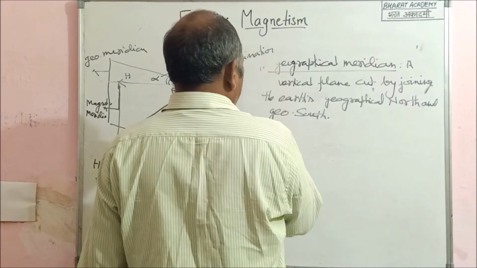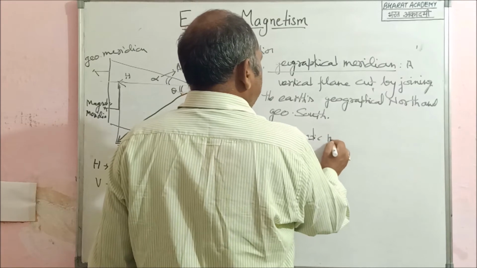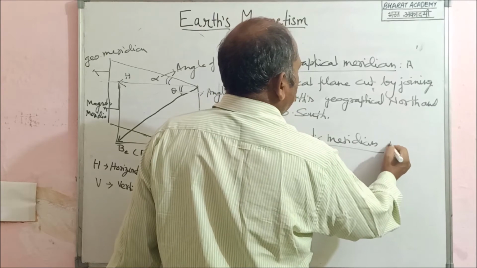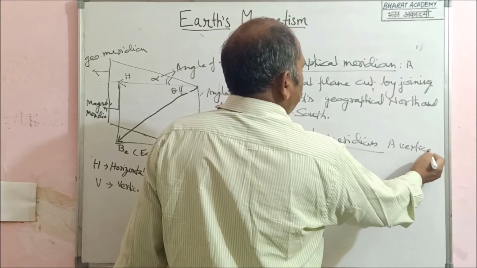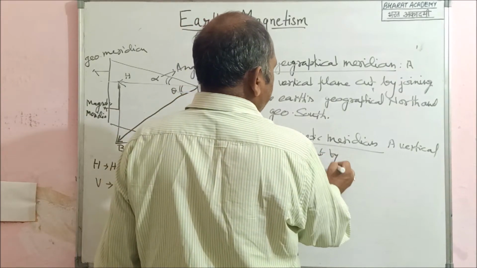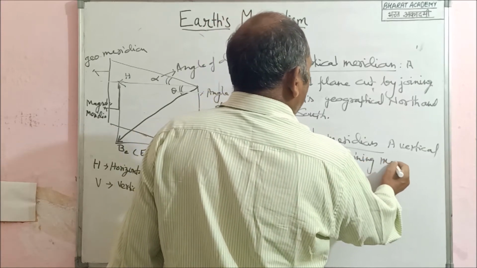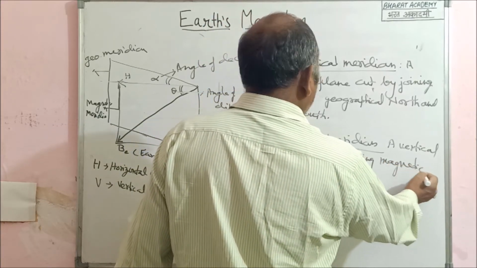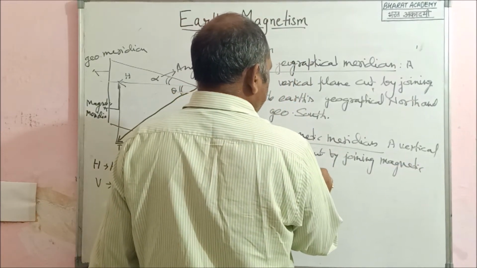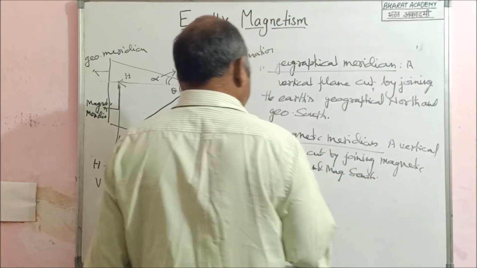The second one is the magnetic meridian: again, a vertical plane cut by joining magnetic north and magnetic south.